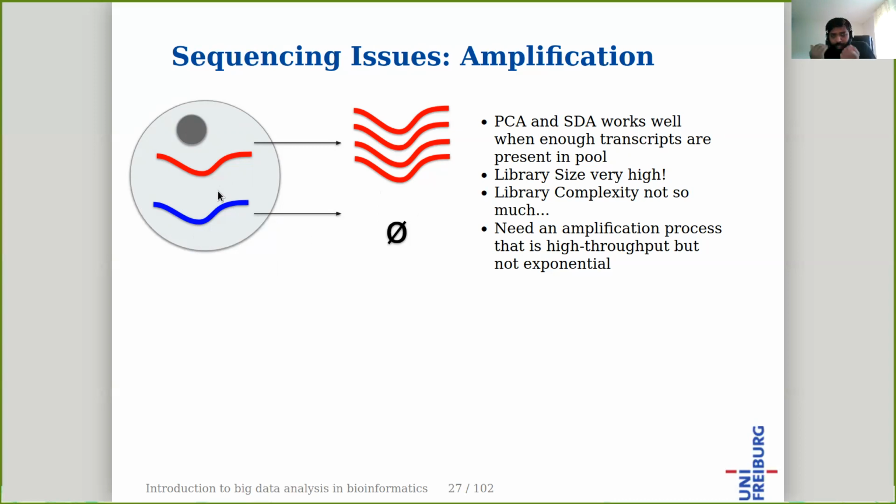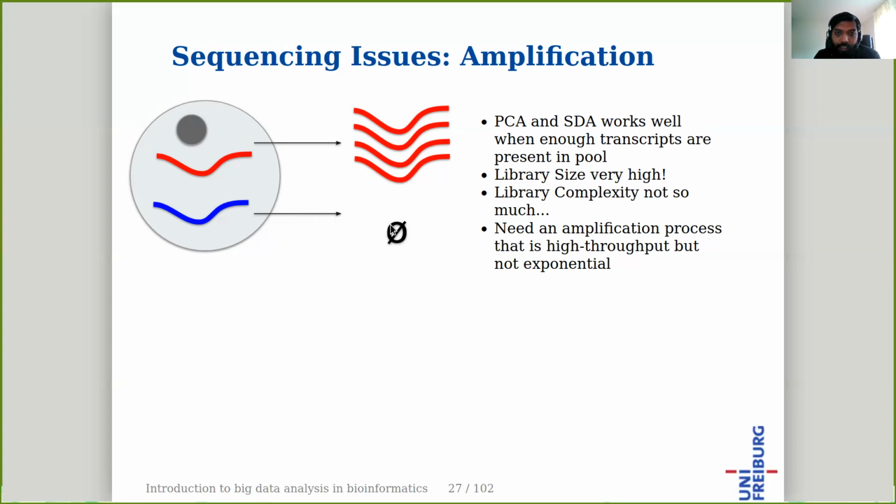If there is a high number of transcripts in the cell, you can sequence this, but if there are not many blue transcripts there, then sometimes the amplification may not pick up this transcript, and there's nothing amplified.